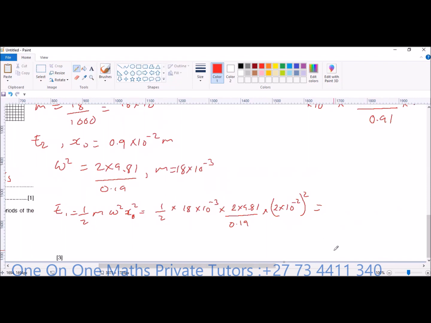let's go to our calculator. Half times 18 exponent minus 3 times 2 times 9.81 over 0.19 times the bracket of 2 exponent minus 2, bracket squared.